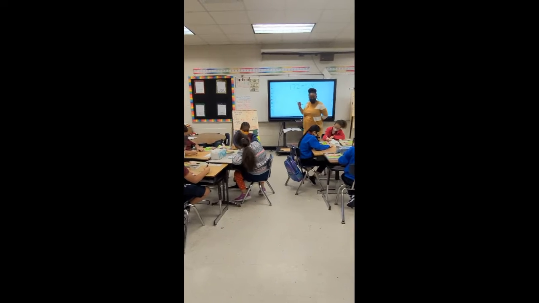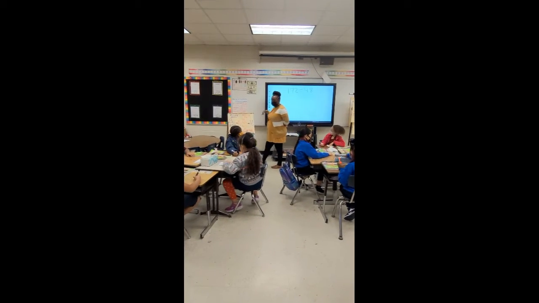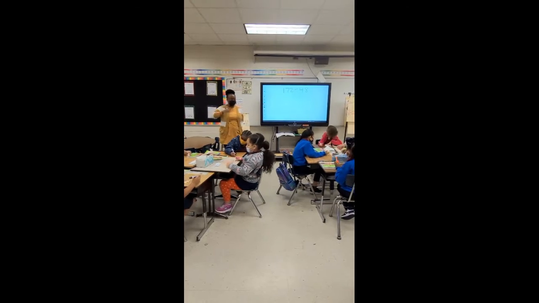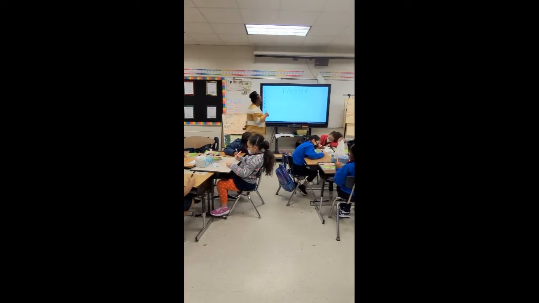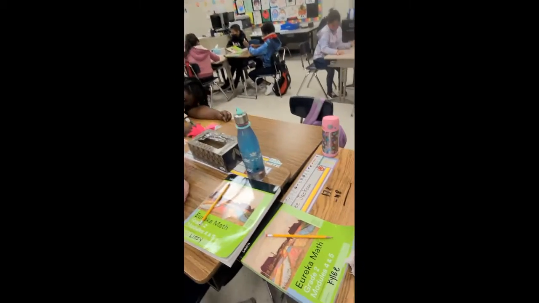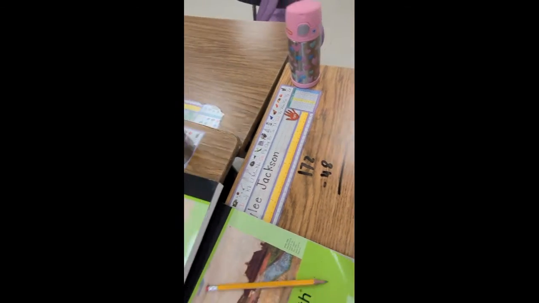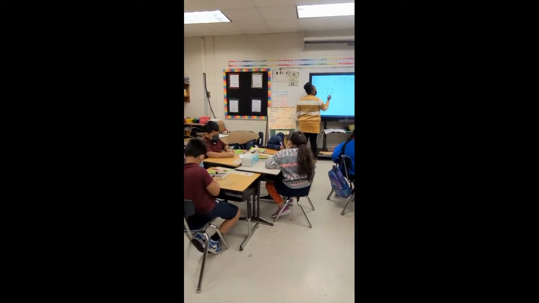Write it vertically. Remember how we did vertical. Make sure it's lined up correctly. Vertical, that means up and down on top of each other. So your first number, your whole, what is the whole here? 172. So we will write 172. Okay?